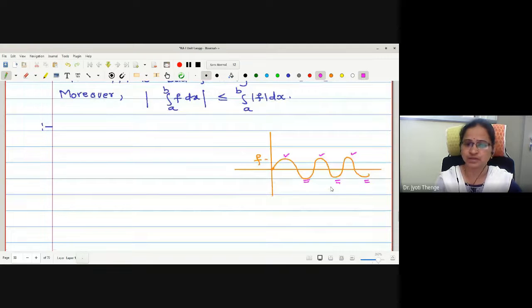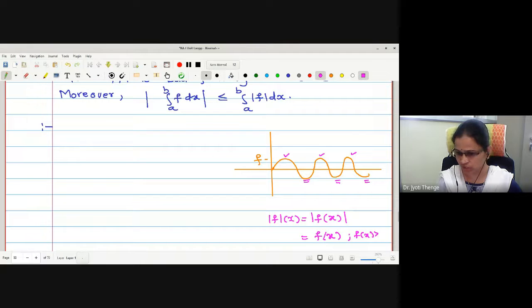As per the definition of the mod f function, how is this mod f function defined? Mod f operated on x is defined as mod of f of x. And how is this mod of f of x defined? It is defined as f of x if f of x is non-negative.